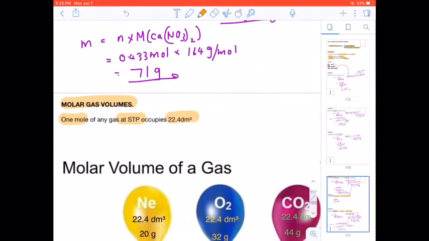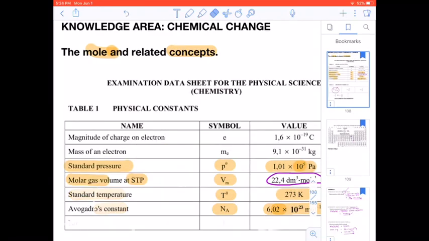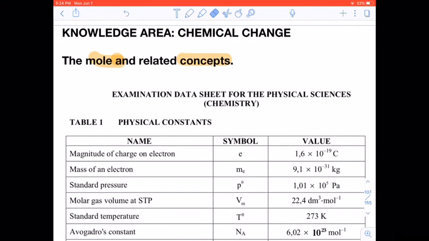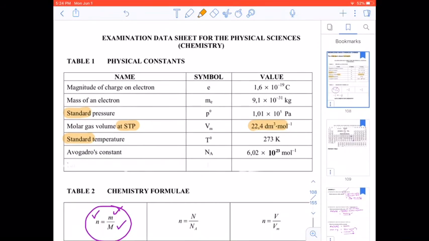I showed you this and we said that there we have it. At STP, the molar volume of a gas is 22.4. And we said STP is standard pressure and standard temperature. So you have it here, be aware of that.